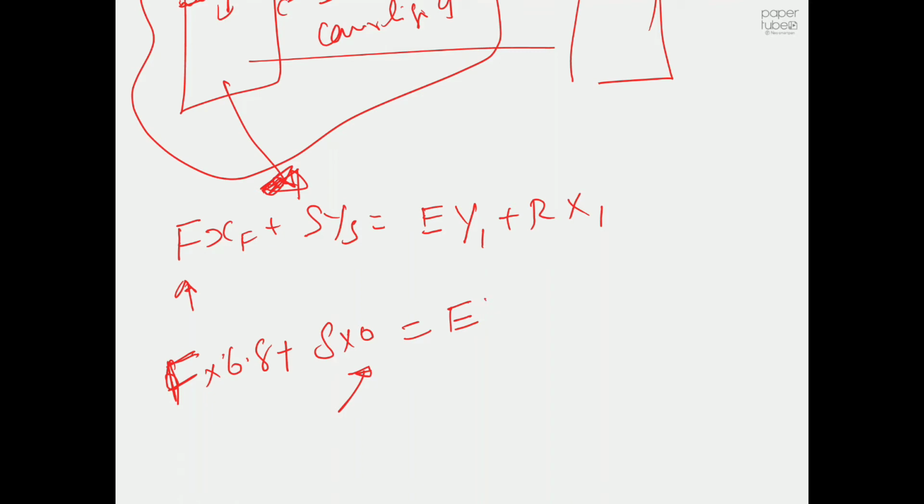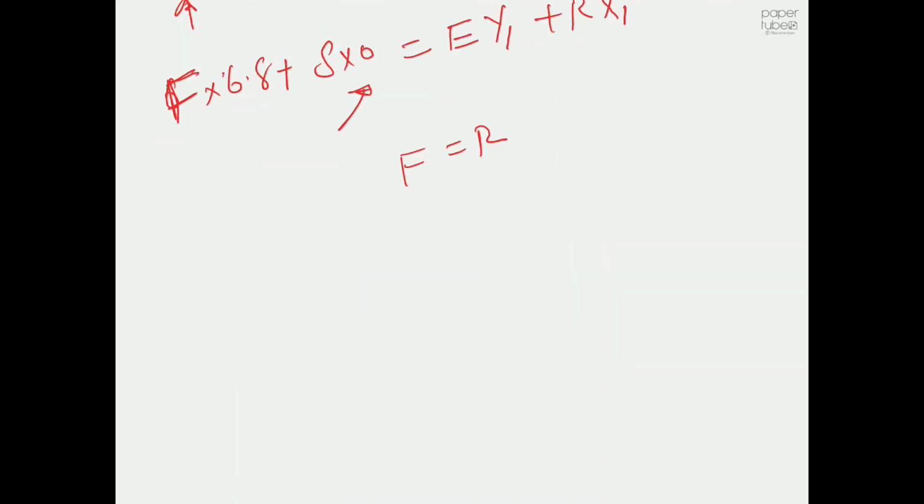And then y1 plus R into x1, and we know that F is equal to R. So we can try to simplify this expression for the moment. So 6.8 F plus 0 is equal to E y1 plus, let's replace R with F, F into x1. Okay, so far everything looks good.